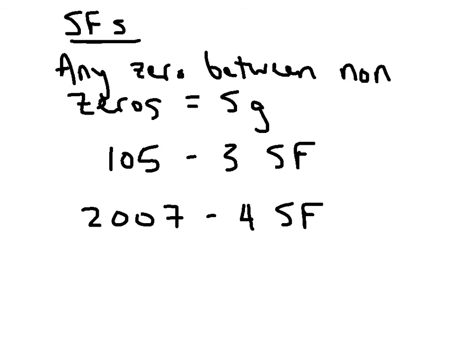Because the zeros are between non-zeros, therefore they are significant. The next rule states that any zero that is a placeholder is not significant. Any zero that is to the right of a decimal but before any number is not significant.